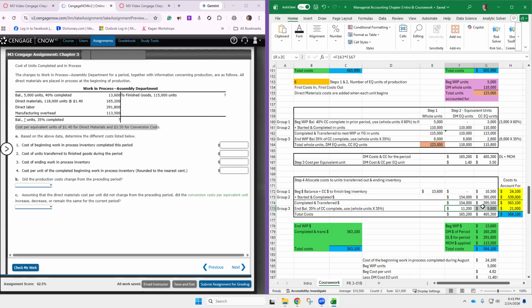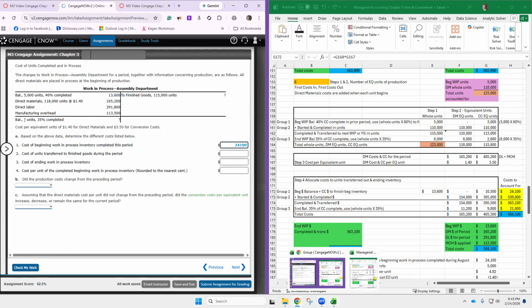Okay, so now we can start to put this stuff in. For beginning, remember it started with 13,600 and we added 10,500 to finish those 5,000 units, so beginning is finished with 24,100.